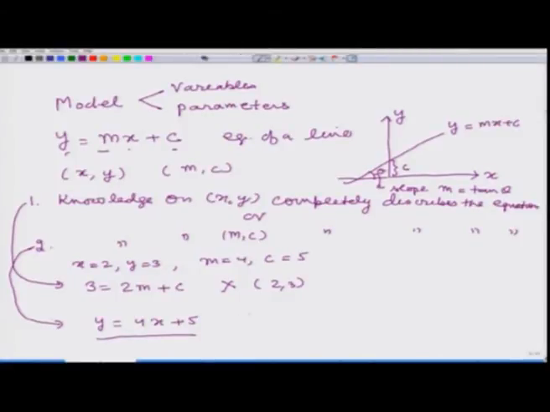It is telling us that the intercept is equal to 5, and the slope is controlled by the value 4, where 4 is equal to tan theta, because the slope is tan inverse 4.